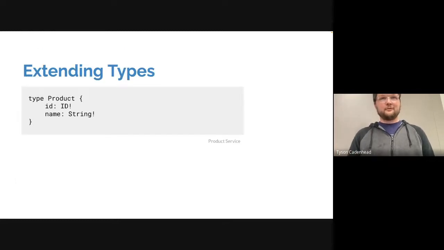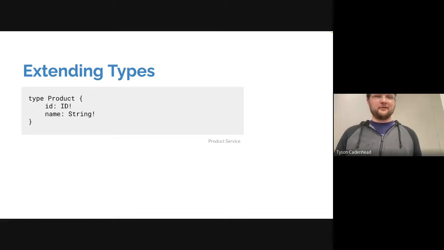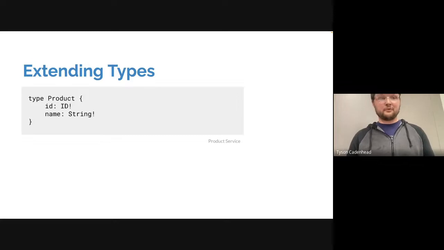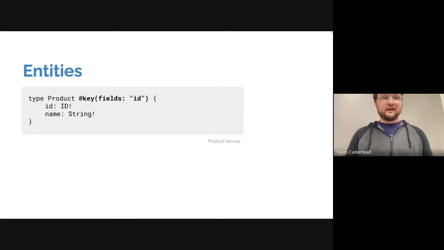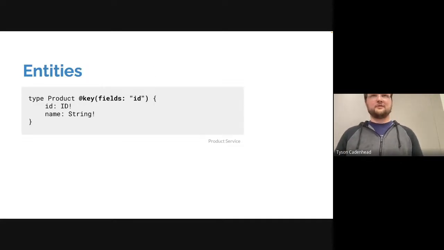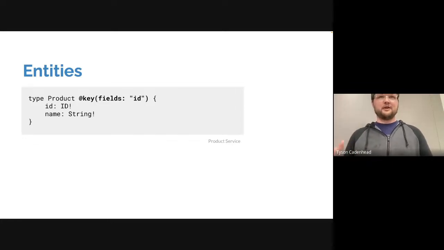So the other thing is we can actually extend our types across the different subgraphs. So here we have the product, which lives in the product service. But if we want the product to be able to extend things from the user service, what we could do is we could actually add an entity, which is defined as an @key. And it takes a field, which is like your primary key that you're telling the other graphs to identify with.